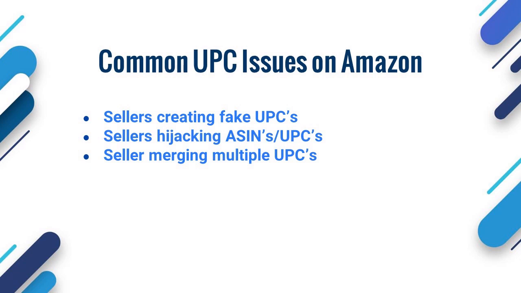Lastly, we saw a lot of sellers merging multiple UPCs. And so again, if there were multiple listings of a product on Amazon, in some cases they were listed with UPC exemption. In some cases, as we mentioned, they were listed with a fake UPC or a reseller UPC, and it was discovered that they were all technically the same product.